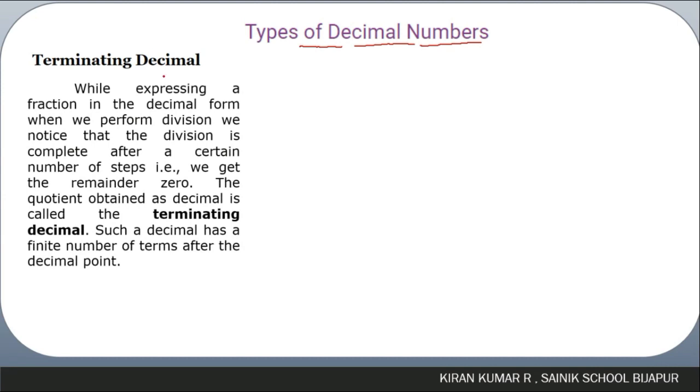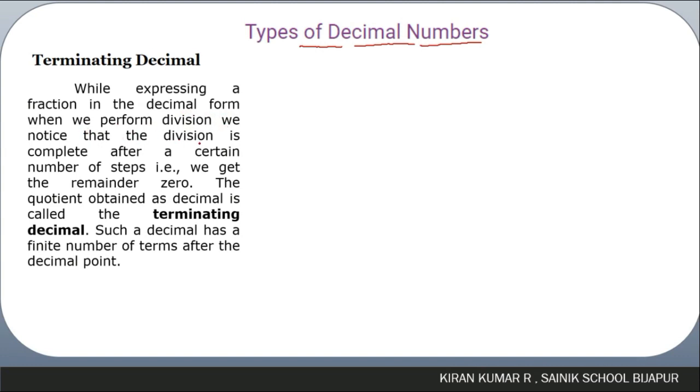Let us now discuss types of decimal numbers. Basically, we consider two types. The first type is called terminating decimal. What does a terminating decimal refer to? While expressing a fraction in decimal form, we perform division.